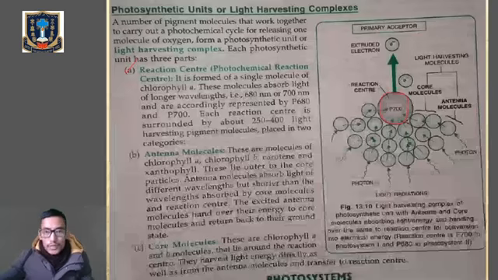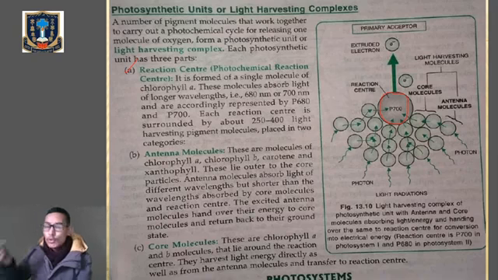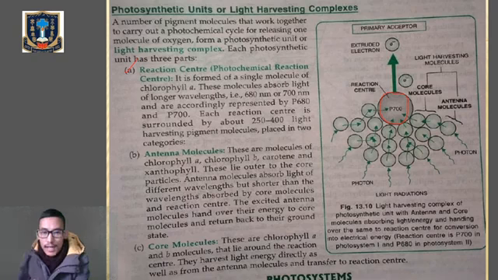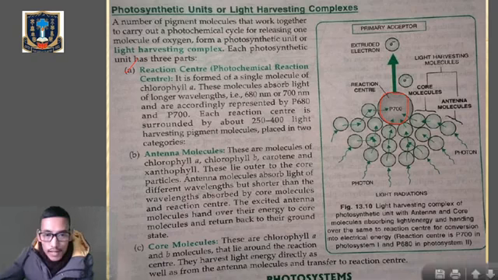Okay. So reaction center is mainly composed of a single molecule of chlorophyll A which will absorb the wavelength of light at 680 nanometer or 700 nanometer, and they will be represented as P680 and P700. Listen very carefully.